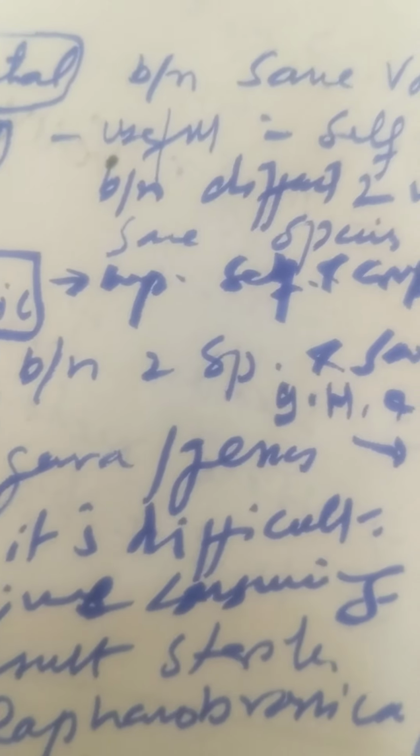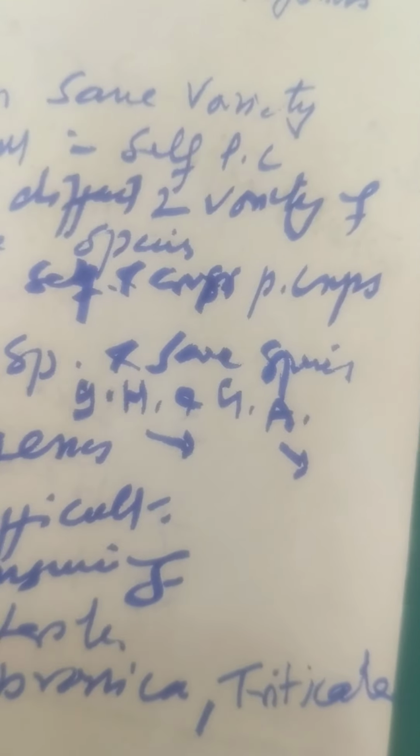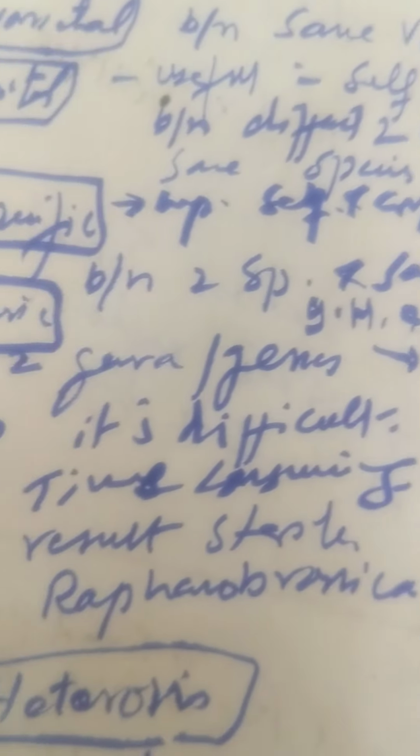It is useful in self-pollinated crops. Then interspecific is a cross between 2 species of the same genus. The example is Gossypium hirsutum crossed with Gossypium arboreum for disease resistance.